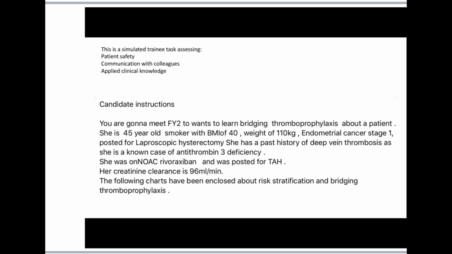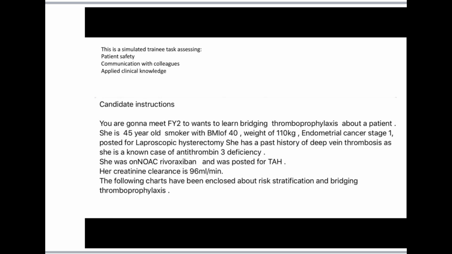What is bridging thromboprophylaxis, why we need it, and what is the importance of that? So first of all, what's the meaning of bridging thromboprophylaxis?